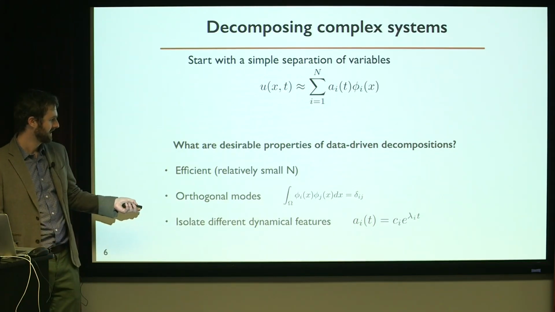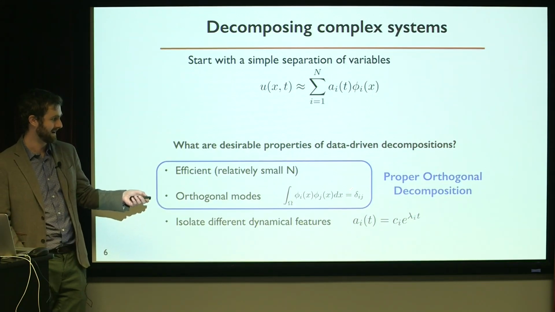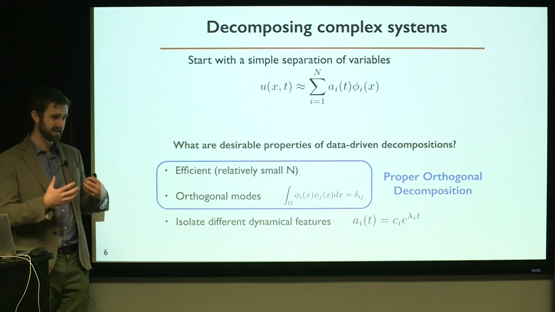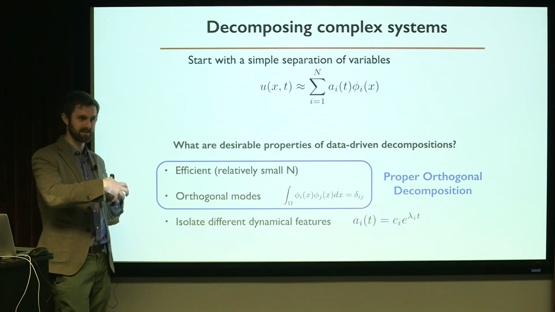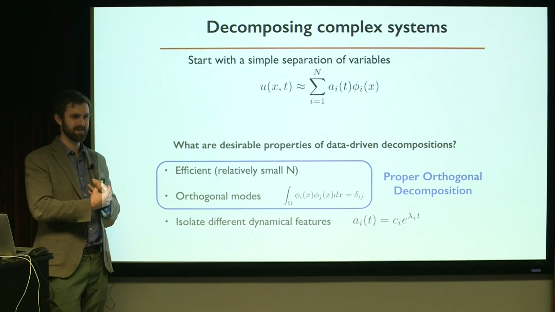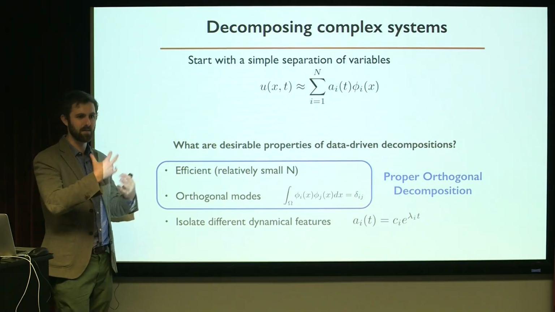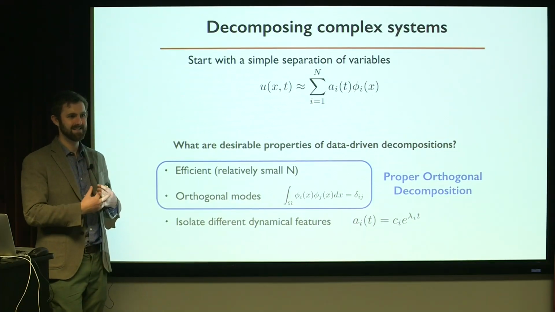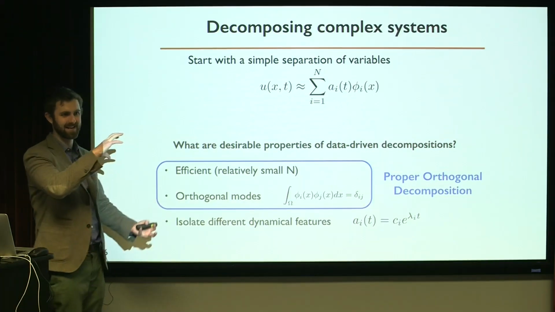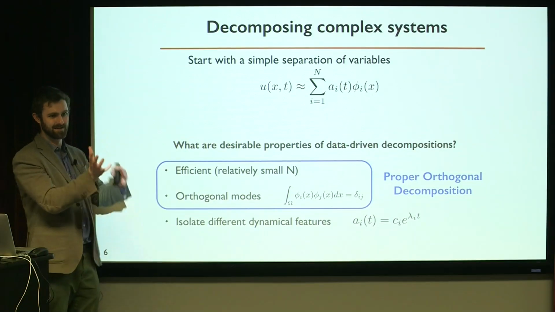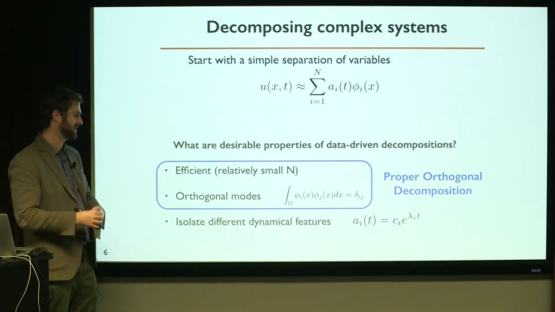And really, this first method that I'm talking about is essentially the same as principal component analysis, which, in my experience, is commonly used to decompose a potentially high-dimensional data set, regardless of what it is, into dominant principal directions.